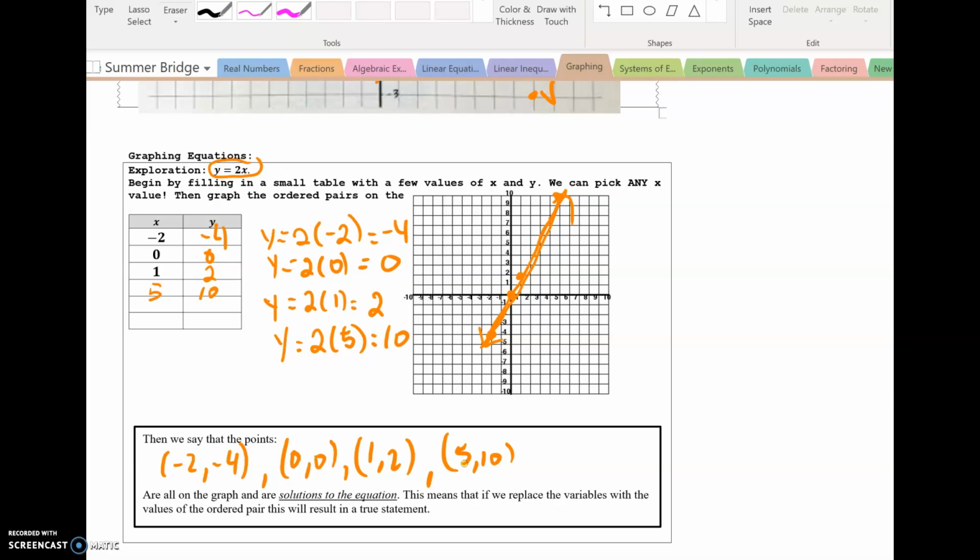This means that if we replace the variables with the values in the ordered pair, we would get a true statement. Okay, and that's the bare bones introduction to the coordinate plane. And then we'll talk a little bit more about a slope exploration, and we'll talk primarily about slope in the next video.